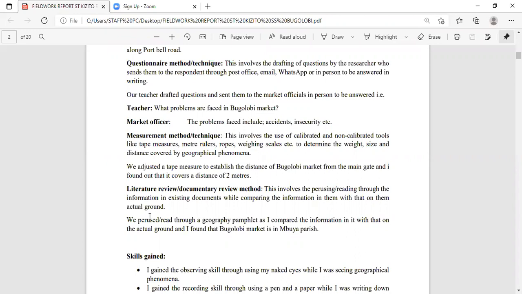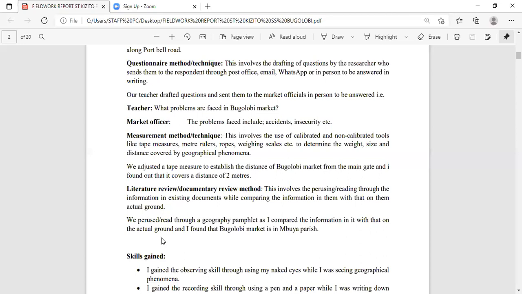You can get a notebook of a former student, like the former senior 6 student. They have this report of maybe Bugorobi Market or Mbuya Hill. You can use that notebook, that existing information. You go with it and you use it to see whether the information in the book is also evident in that area of study, and you compare them.